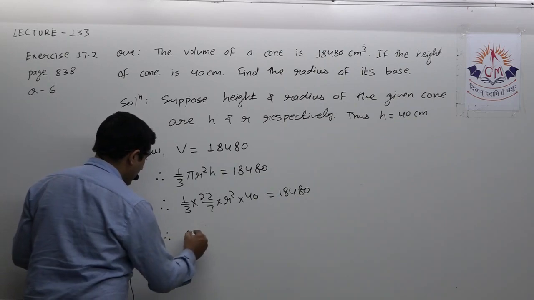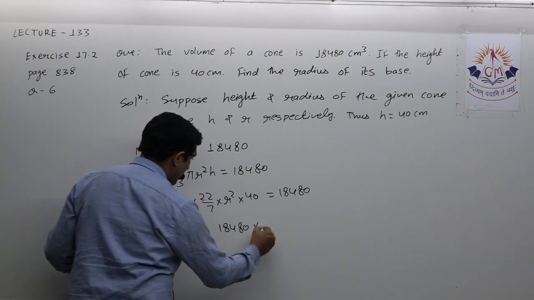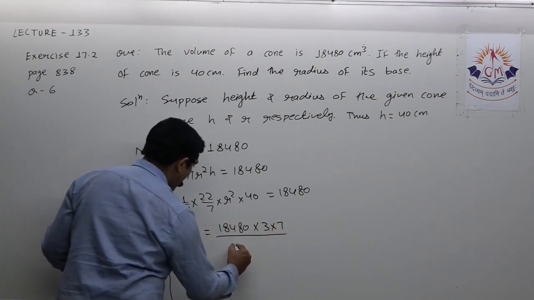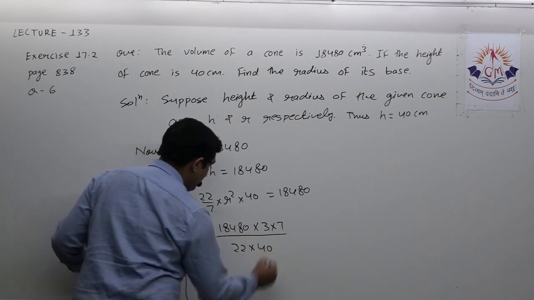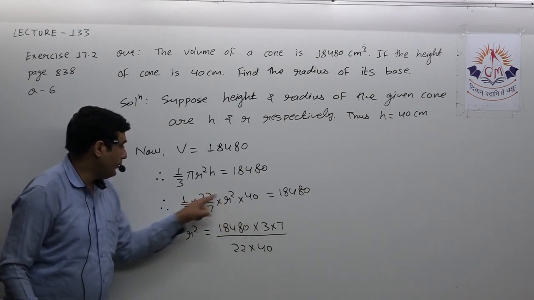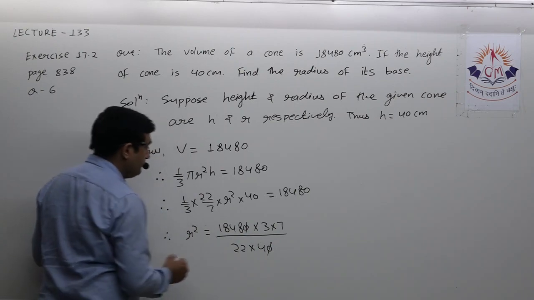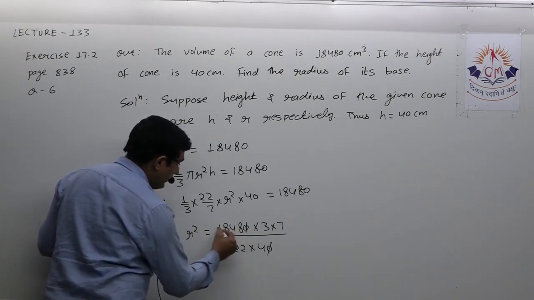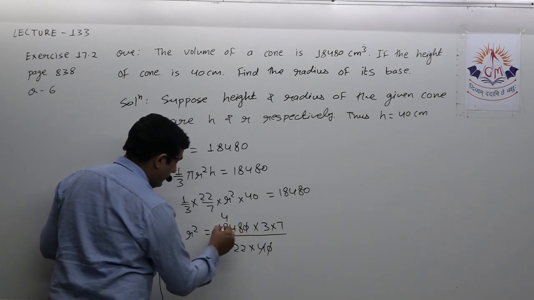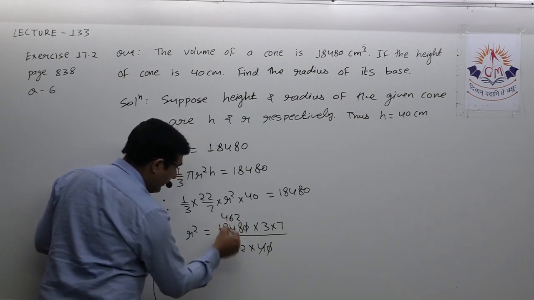So from here I can say r square is equal to 18480 multiplied by 3 multiplied by 7, whole divided by 22 into 40. 3 and 7 come in the numerator, 22 into 40 comes in the denominator. This 0 and 0 I can cancel. Now this is divisible by 4, and this is divisible by 11.